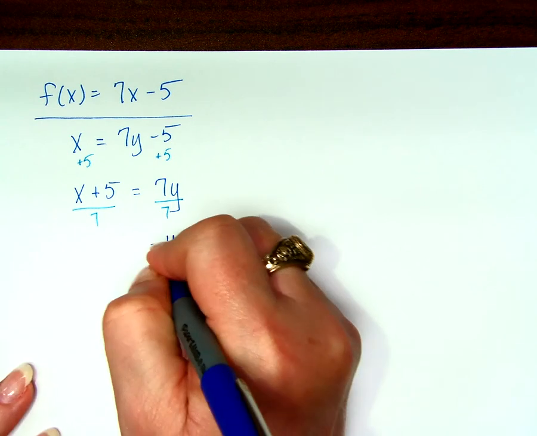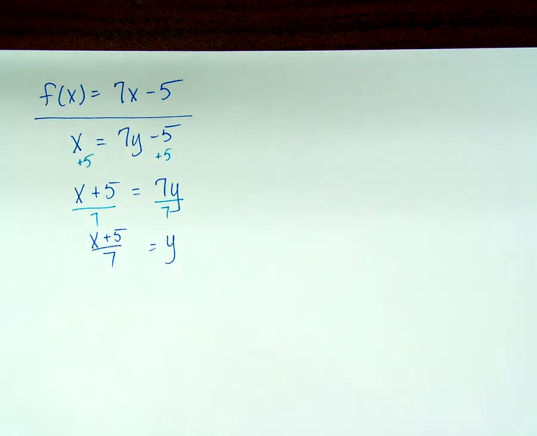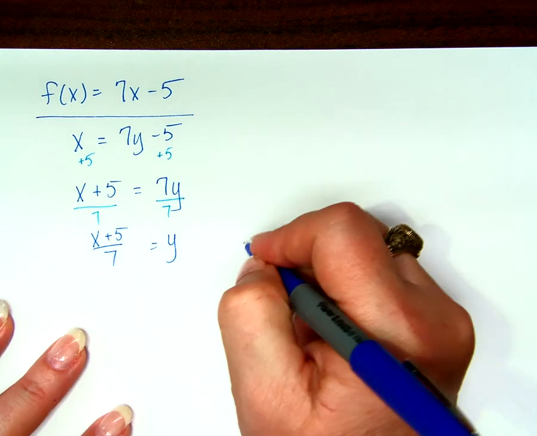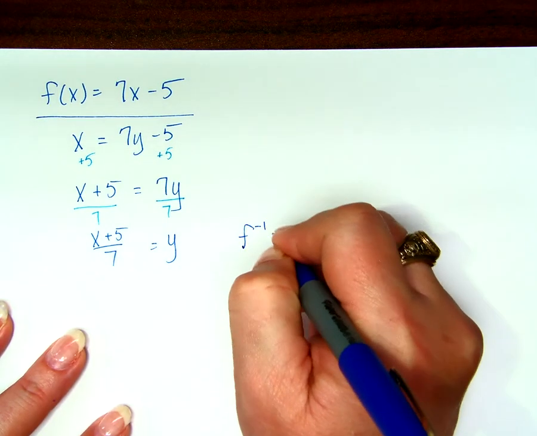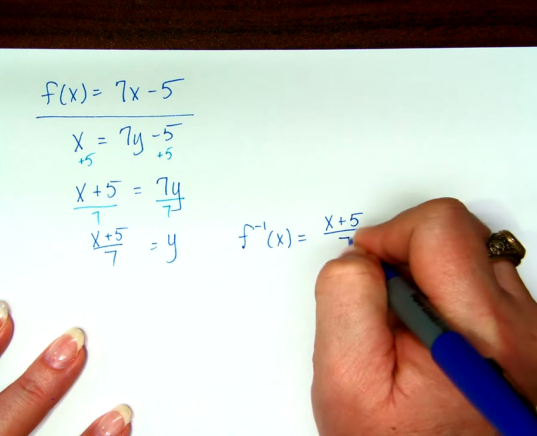So y equals (x plus 5) over 7, and now I decide, is that a function? And how do you know it's a function? It's a line, isn't it? So I can say f negative 1 of x equals (x plus 5) over 7.